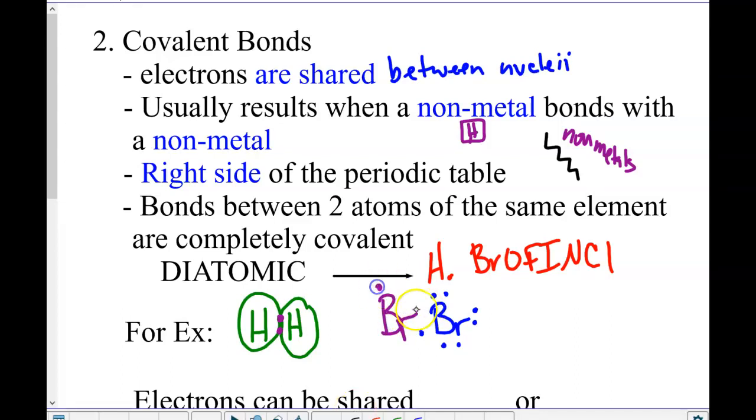And I'm going to go ahead and put 1, 2, 3, 4, 5. Skip this side, it's already full. 6, 7. Or another way to think of it is that I just kind of flipped it over.